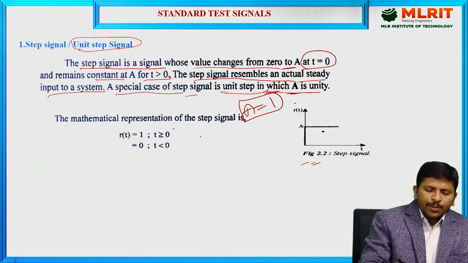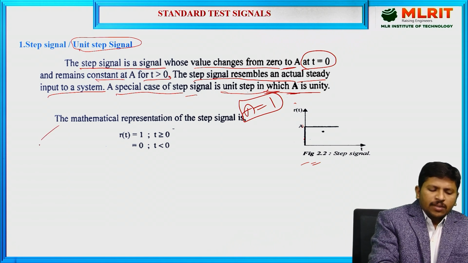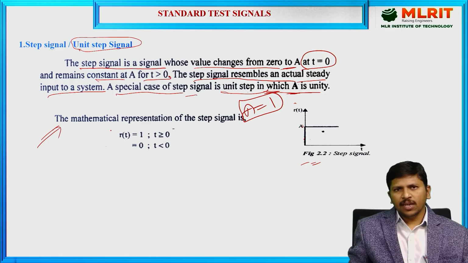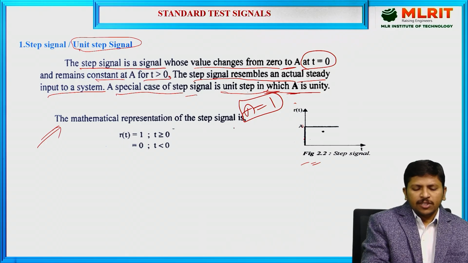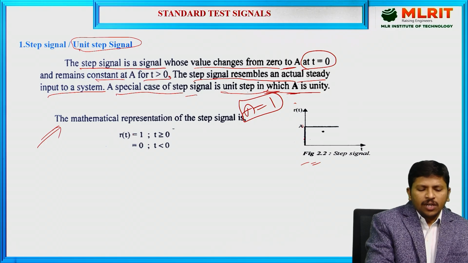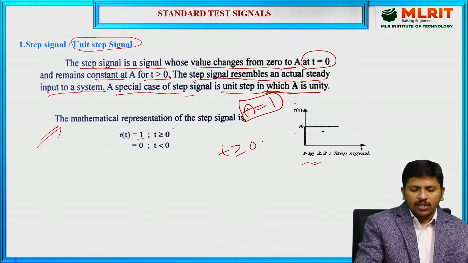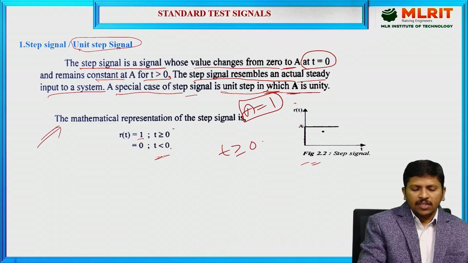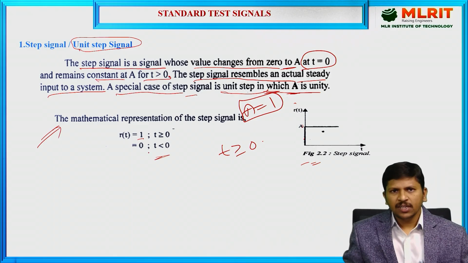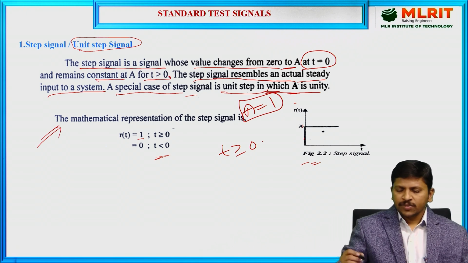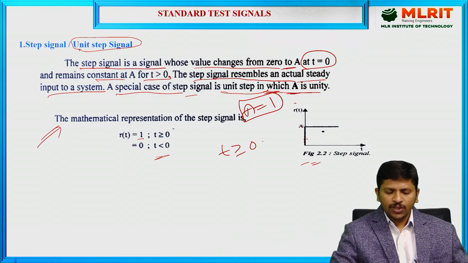The mathematical representation of the step signal is as follows. The input r(t) is 1 if t is greater than or equal to 0, and for the remaining condition, t less than 0, it is 0. This is totally constant, so it is 1 only.